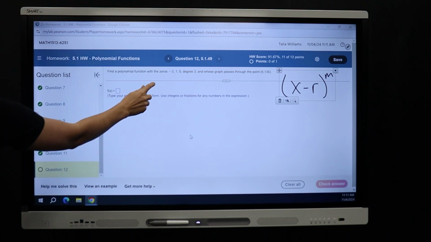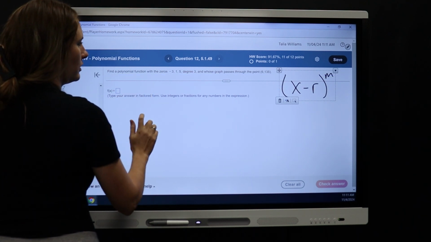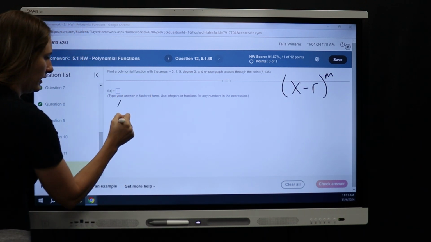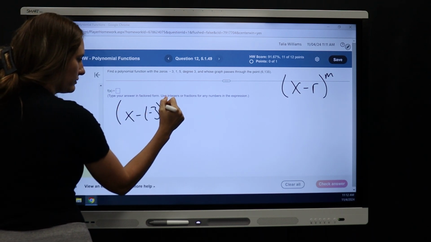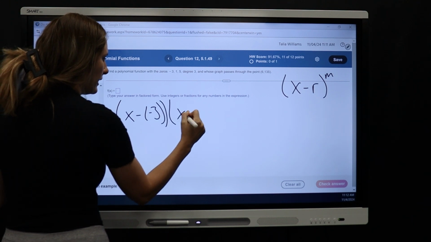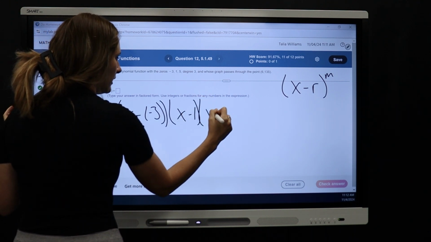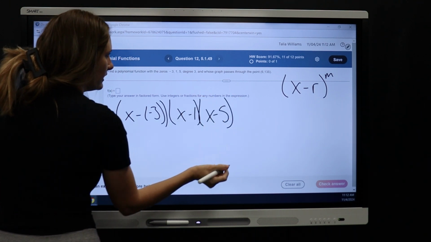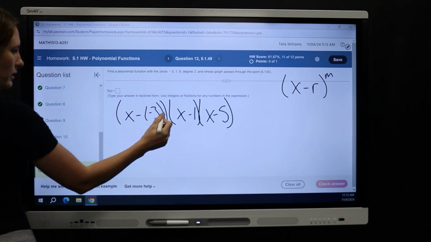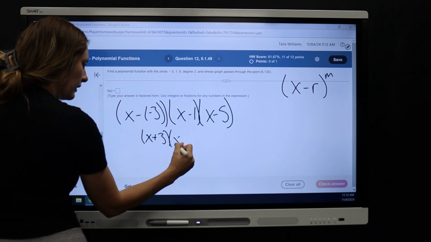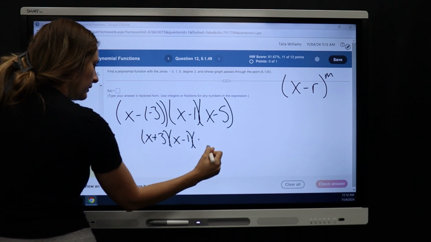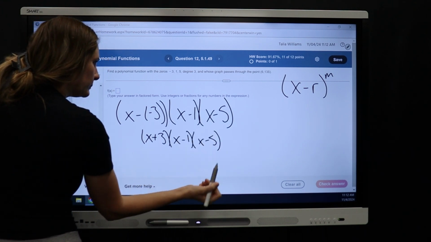So first, let's set up our polynomial. I'm going to have x subtract negative 3. I'm using my zeros to set this part. X subtract 1 and x subtract 5. So this is going to be x plus 3, x minus 1, and x minus 5.